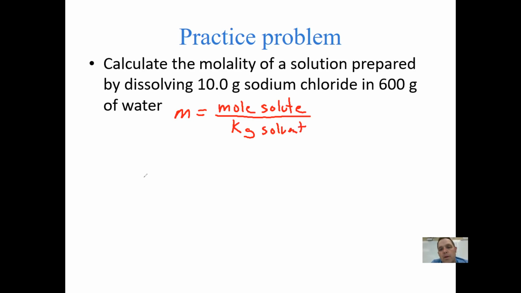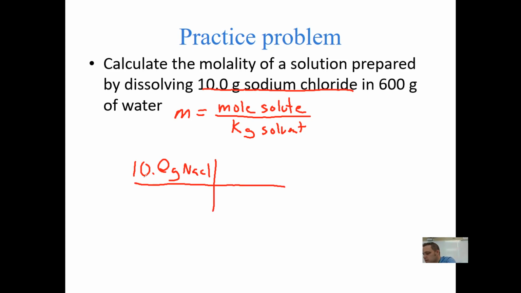Now, here we just got to make sure we're in the correct units. Our solute is 10 grams of sodium chloride, so we got to take our 10 grams and change that to moles, and we can do that by dividing by the molar mass.